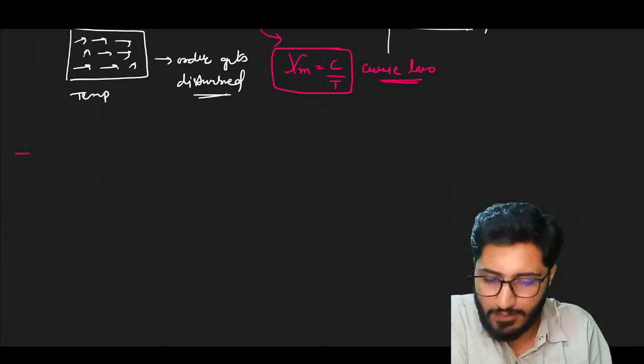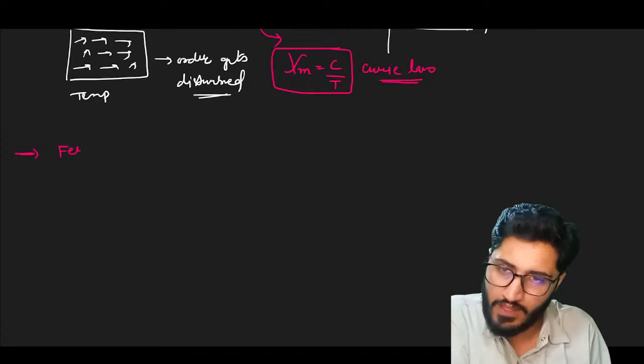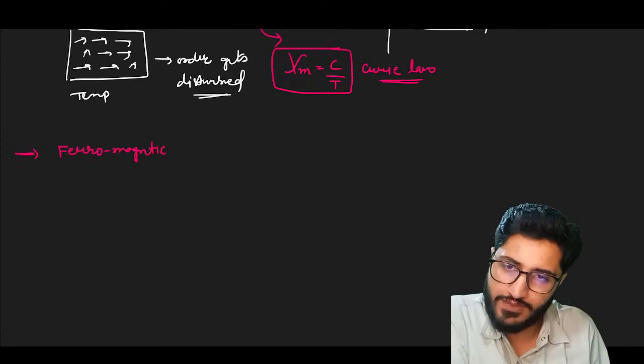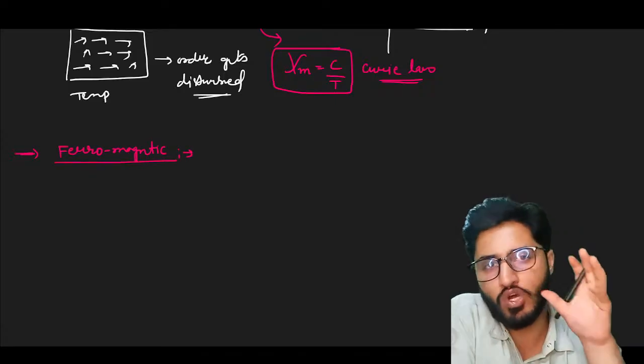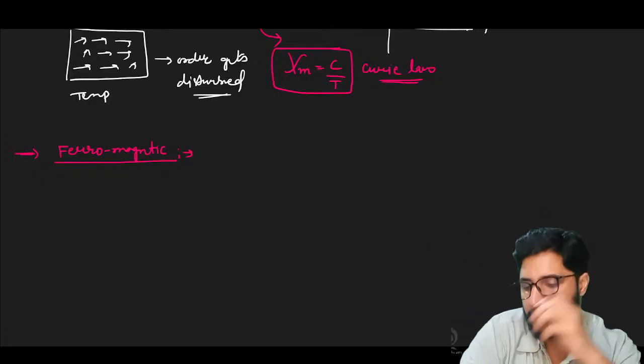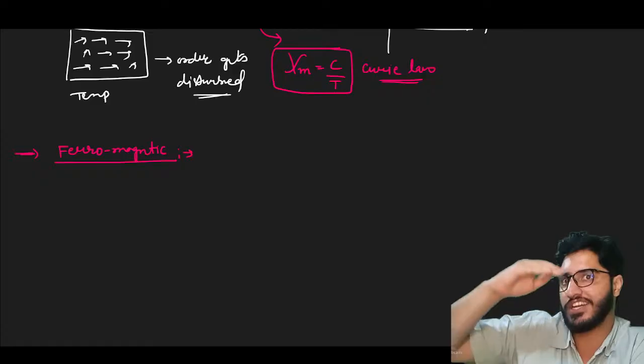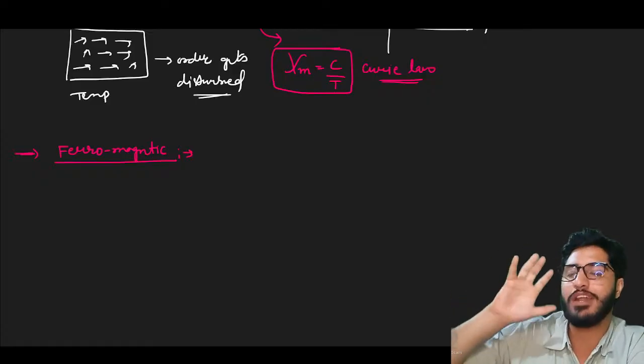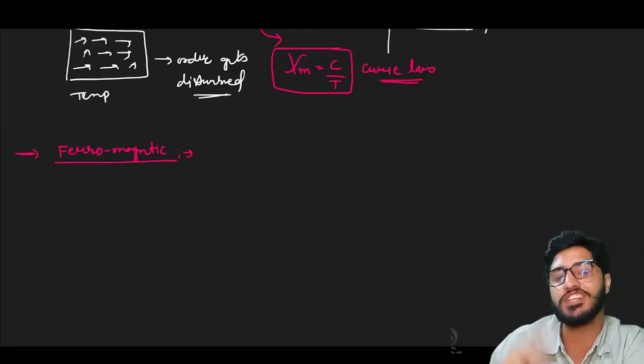Now, if we are talking about ferromagnetic materials, as you know, ferromagnetic materials possess some small pockets known as domains. As we increase the temperature, the alignment of my magnetic moments gets changed.